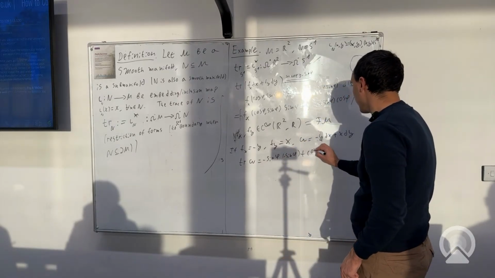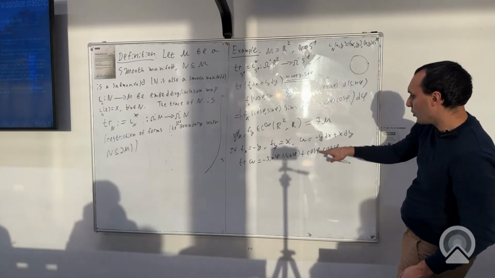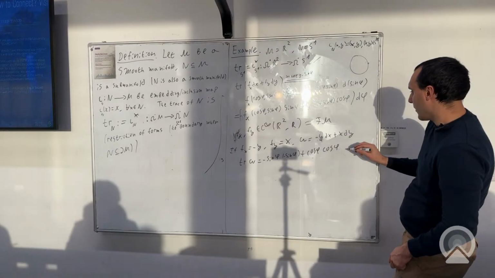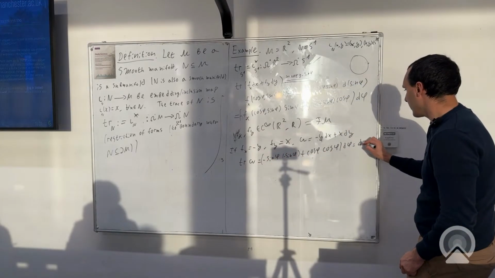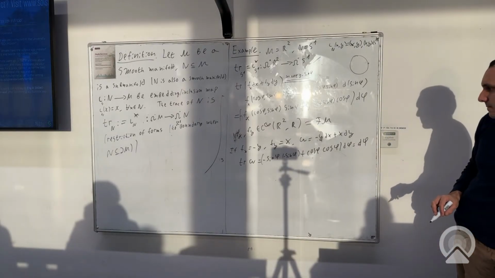Plus cosine phi. This is the x argument, and this is the coefficient here, times this phi, which is equal to d phi.